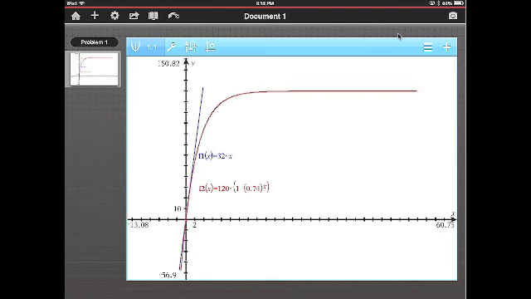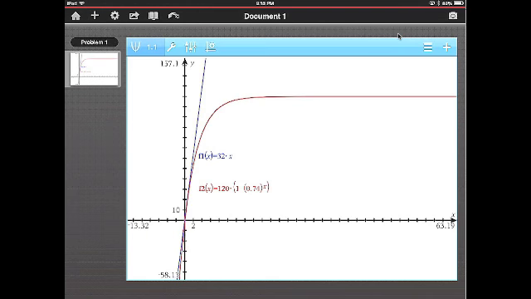I get an equation that is increasing, and then it flattens out. The reason it flattens out is something that we call terminal velocity. We talked about that a little bit in class, and what it means is that the speed of the falling object will get to a certain point, and it will not increase in speed beyond that.